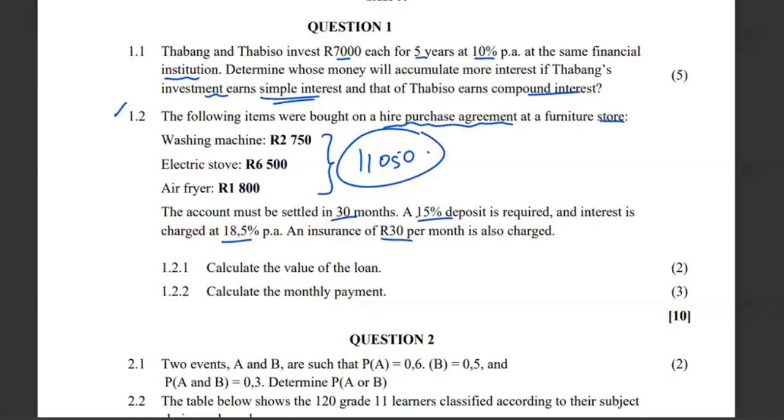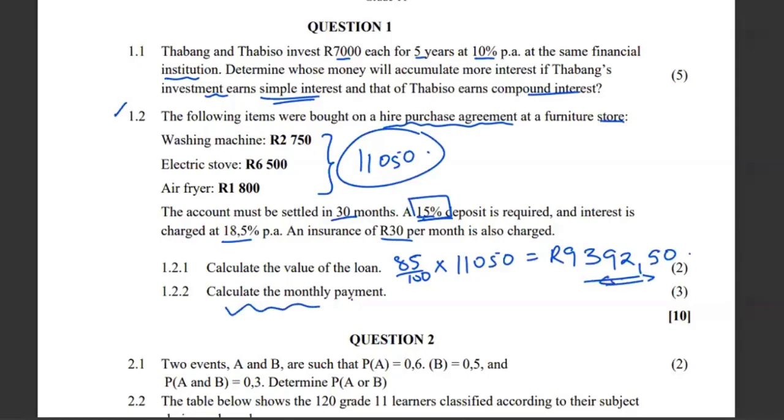Now, if you pay 15%, meaning that 85% will be the loan. So 85 over 100 times 11,050. Multiplying by 85%, you're going to borrow 9,392.50. So this is what must be borrowed. Then calculate the monthly payment.